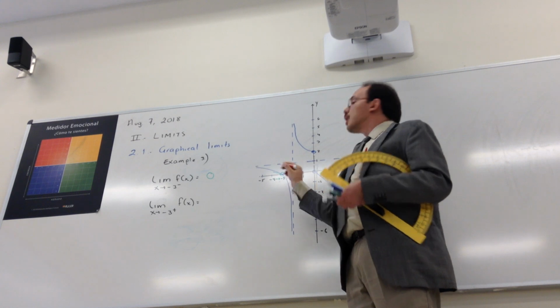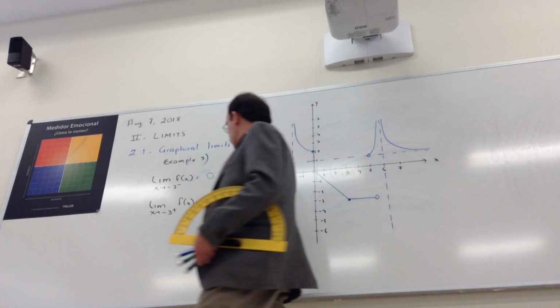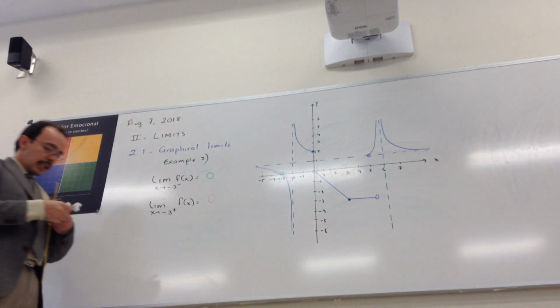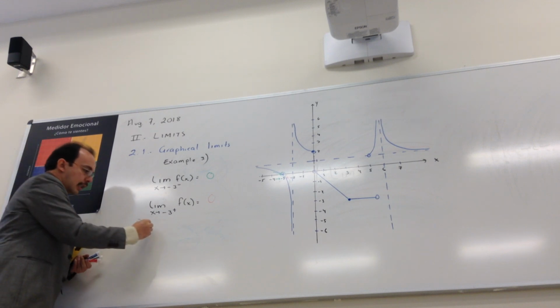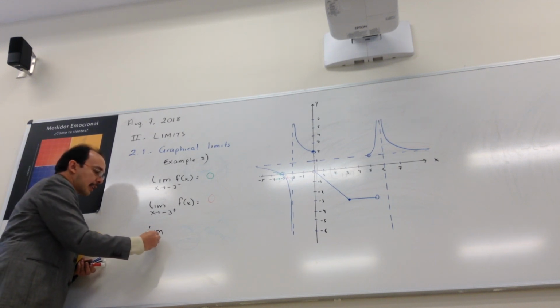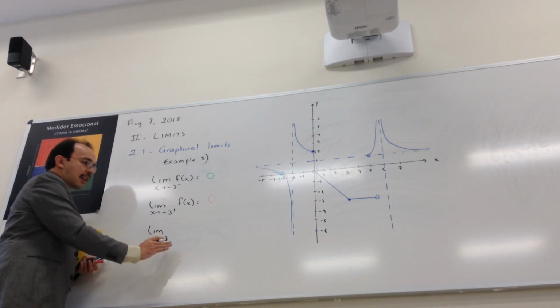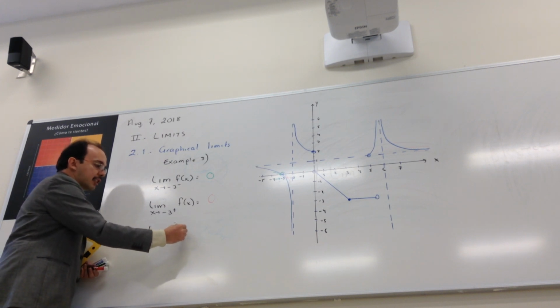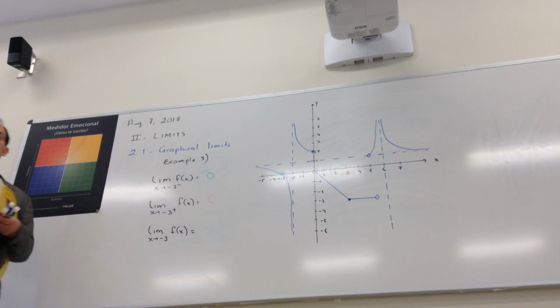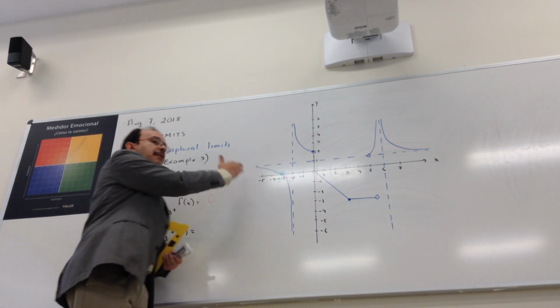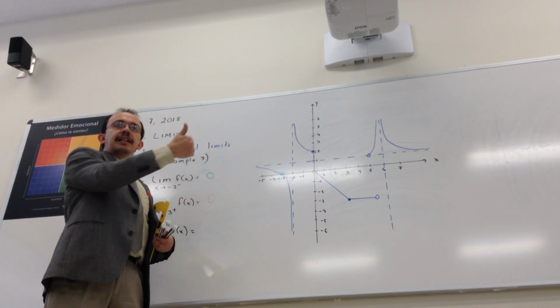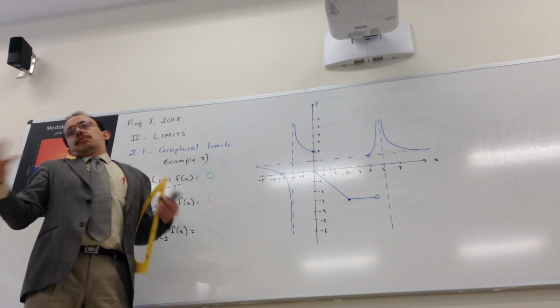So also 0. Okay? And if I say the limit as x approaches -3 without direction, that is from both sides at the same time, does it exist? It does. Why? Because if you go from the left, you get to 0. From the right, you get to 0. From both sides, you get to 0.